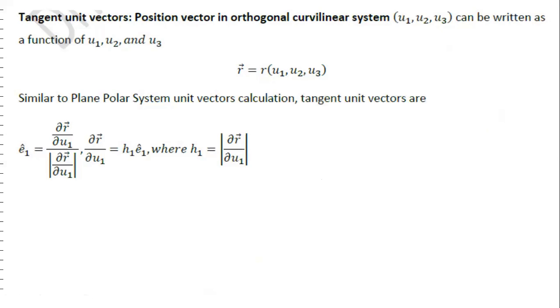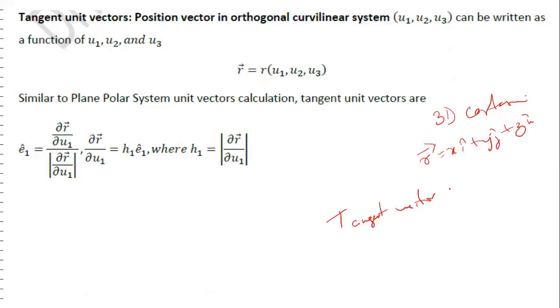For example, in a 3D Cartesian system, position vector is what? x i, y j, z k, right? So tangent vector along x coordinate, that you can obtain by del r upon del x.